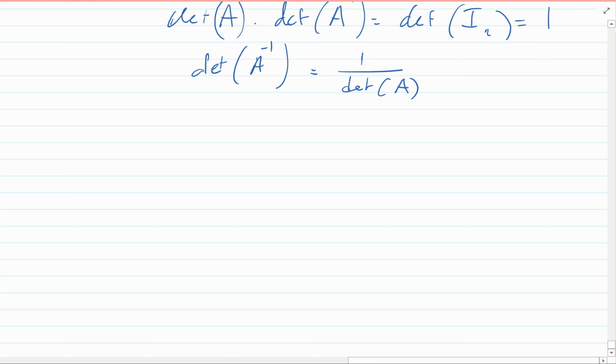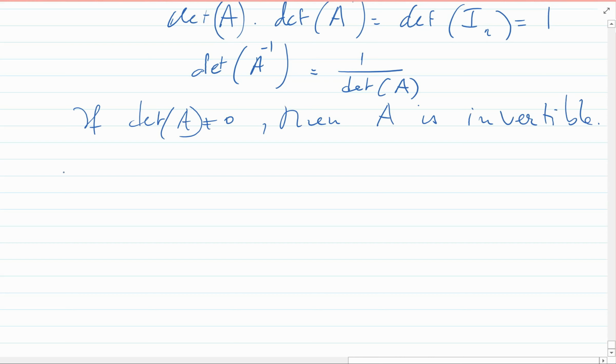Next we'll see, and it's really beautiful, that in fact if the determinant of A is not equal to 0, then A is invertible.